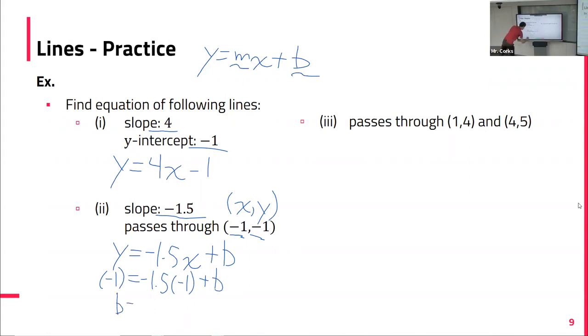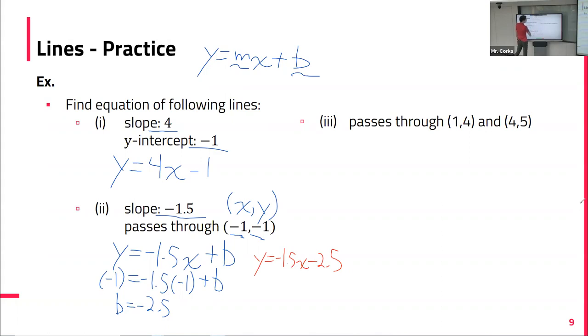And what do we get? Negative 2.5. So our full equation here, y equals negative 1.5 x minus 2.5. So there's our equation.